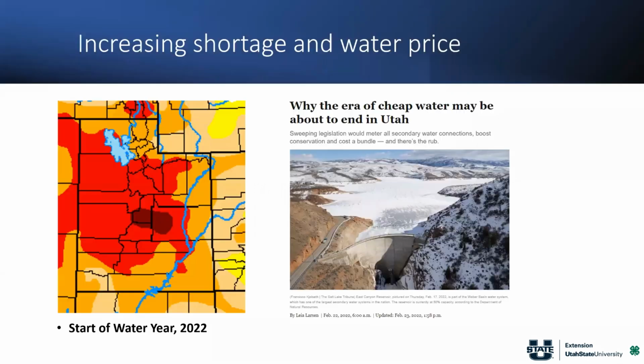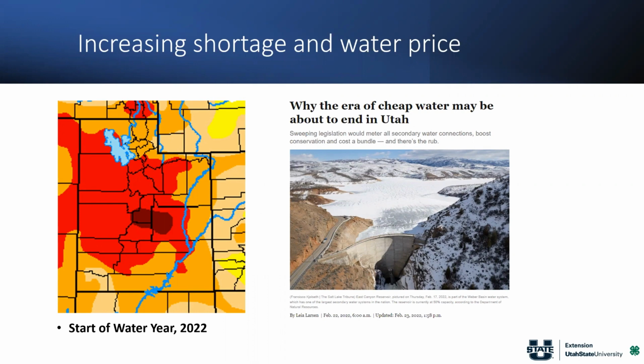So moving in, although the drought map looks a lot better now, this was at the start of year 2022, and most of the states were still under drought. Now it's getting better, but the restrictions and the water price are surely going up. Utah is metering the secondary water now.